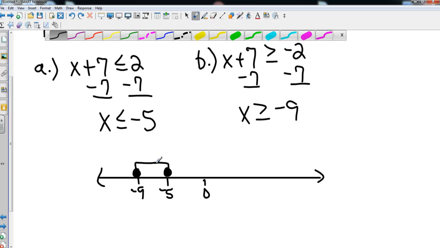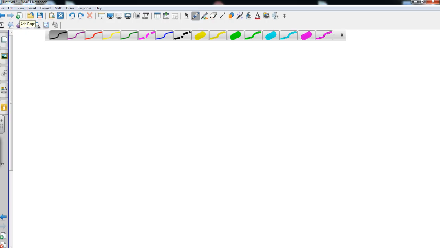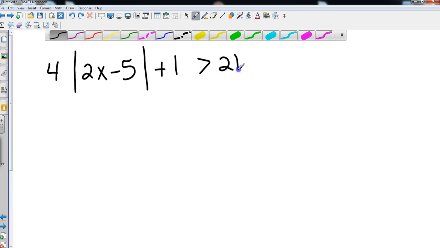Now, let's take a look at something that might be just a little bit more intense. And so I'm going to have 4 times the absolute value of 2x minus 5 plus 1 is greater than 21. Now we have to get to the absolute value, so we have to get rid of the 4 and the 1 first.